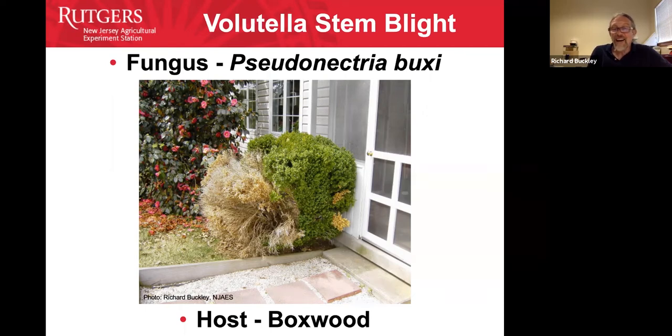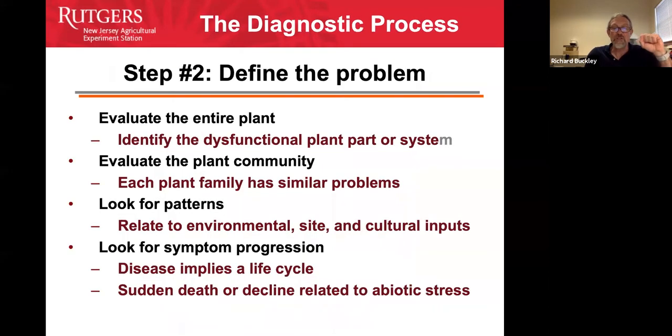Volutella because it's hot, Volutella because you water too much, Volutella because it's a transplant, but it's the key problem. In my world, it's the main or key pest for boxwood, the first thing we want to rule out before we move on to something else. So again, this idea of key pests based on plant associations is really important to you.